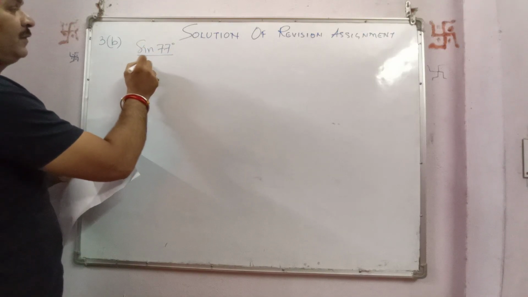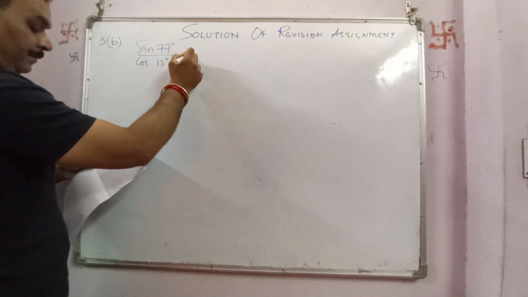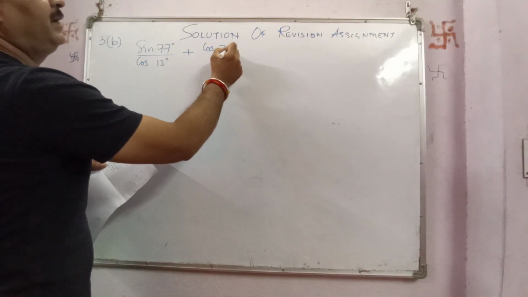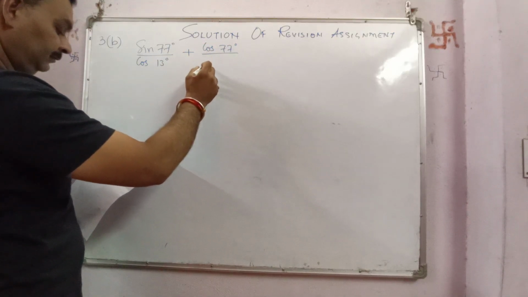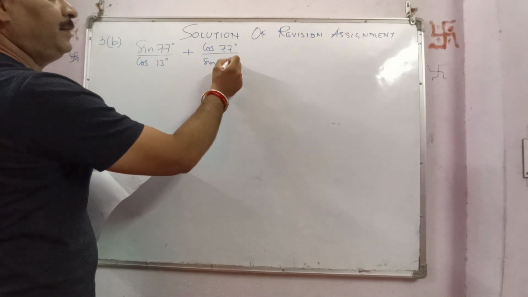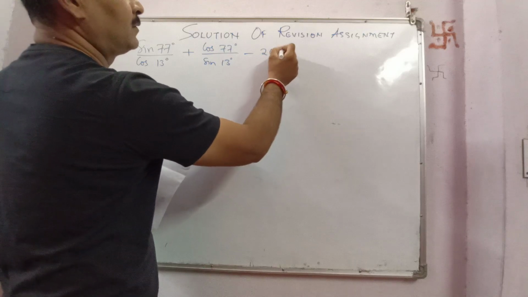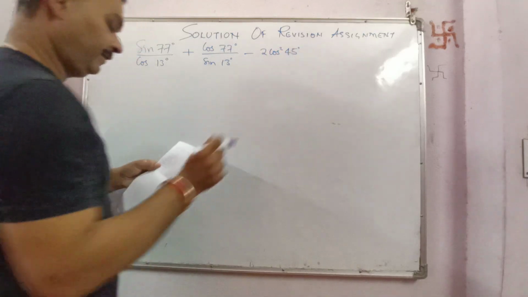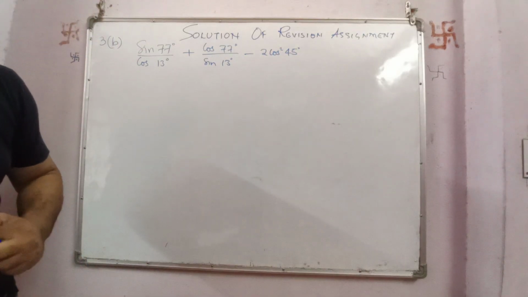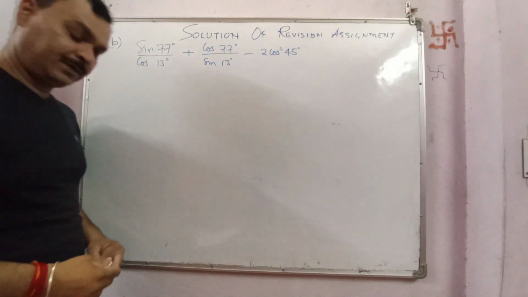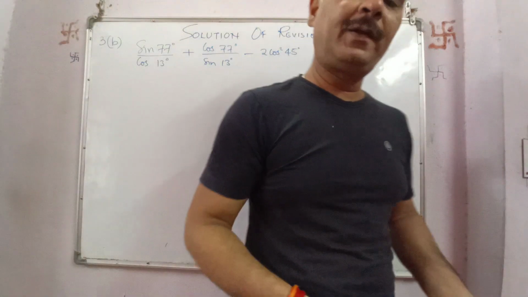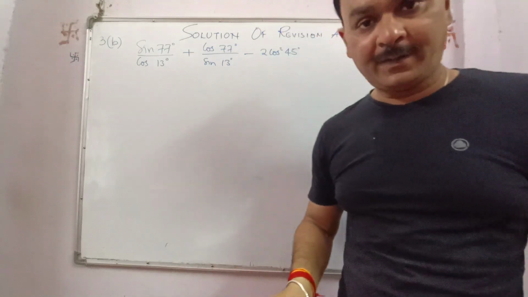Okay, question number 3, B part. We need to evaluate sine of 77 degree divided by cos of 13 degree plus cos of 77 degree by sine of 13 degree minus 2 times cos square 45 degree.